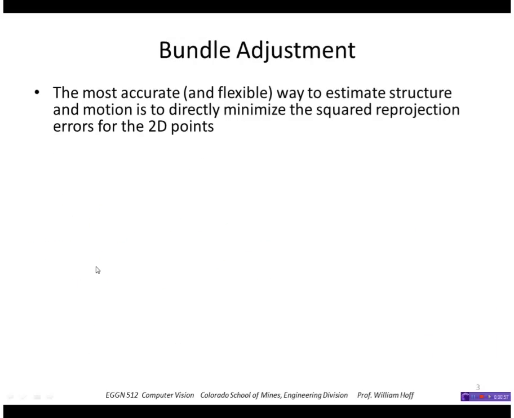Bundle adjustment is one way to do structure from motion. It's considered the most accurate way to do this, and it's also very flexible. It minimizes the squared reprojection errors for the 2D points. It basically computes the 3D positions of the points and the poses.